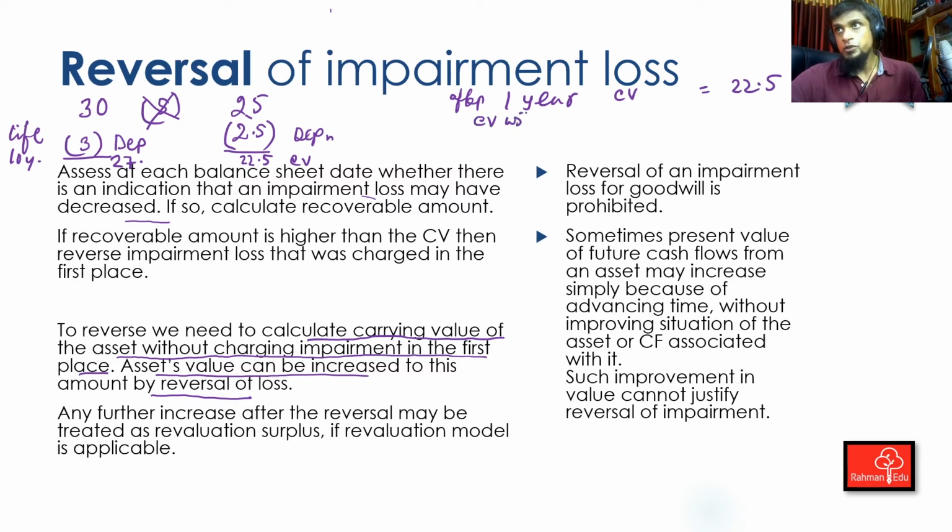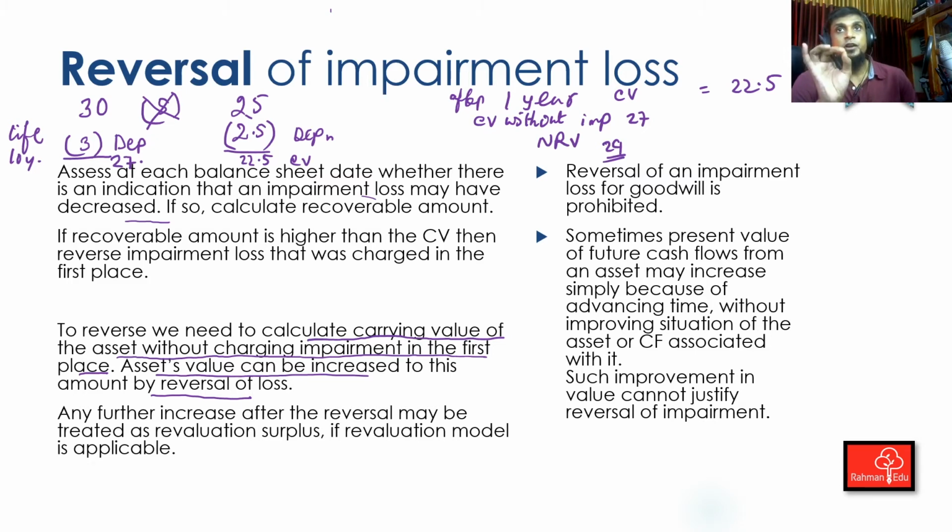Carrying value without impairment 27. Maybe let's put NRV or value in use as the recoverable amount. Let's put NRV of this asset 29.